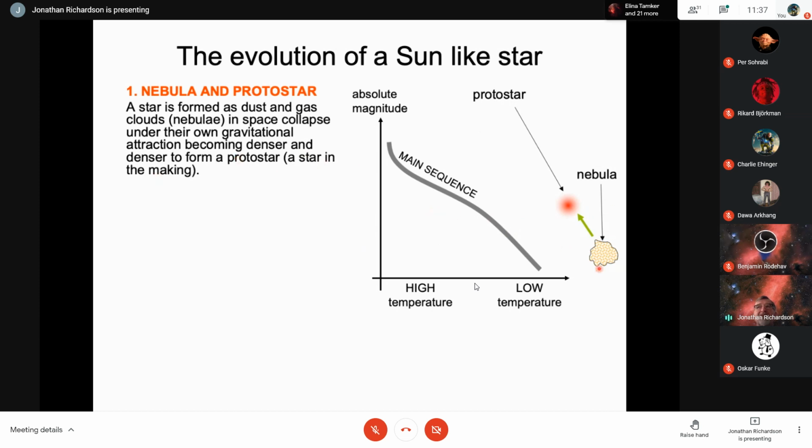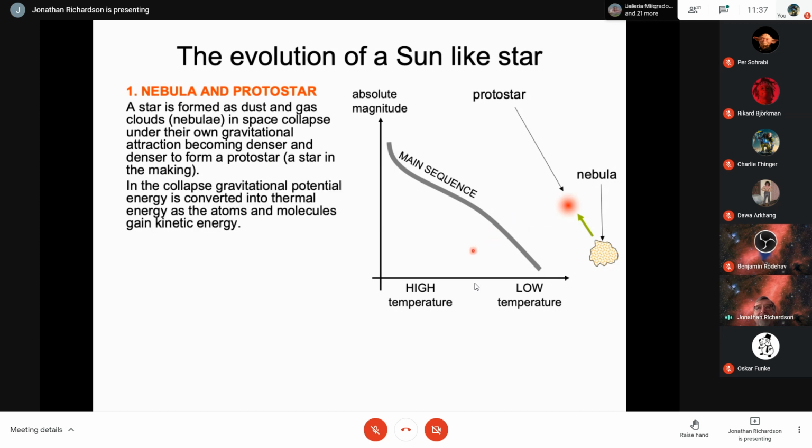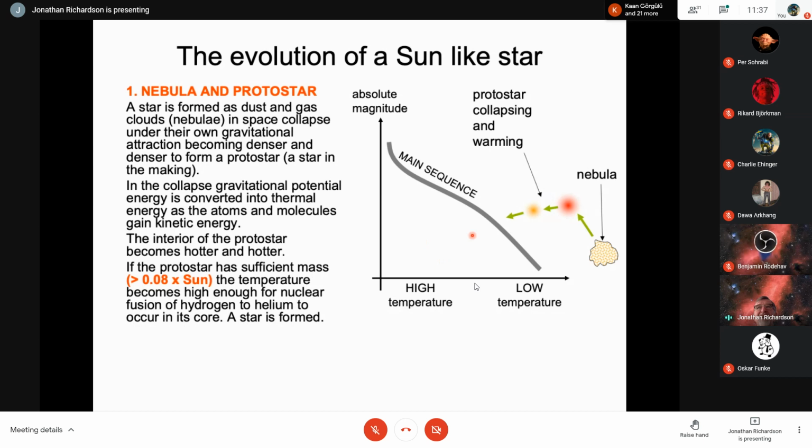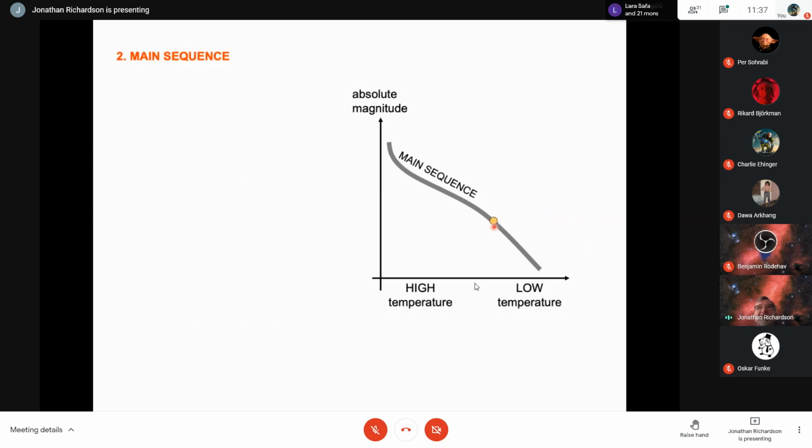So we start off with our nebula, moving into the protostar, which becomes a pretty large object, which then starts to gravitationally collapse as it moves on towards the main sequence. So the star starts burning, starts warming up, and eventually finds itself on the main sequence.